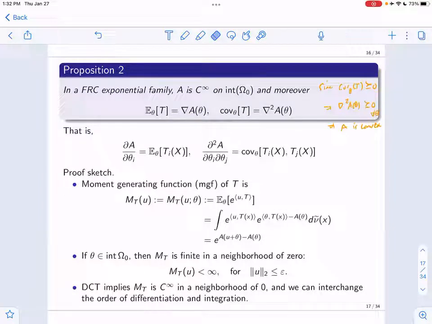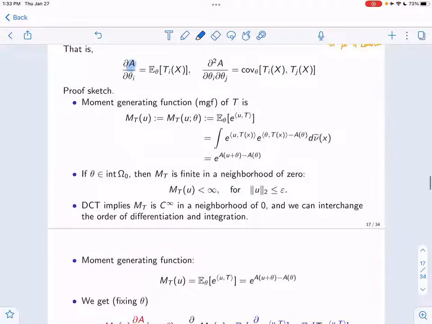So is the statement clear? If you write these things out, this is a coordinate-wise statement. So let's try to prove this. If I differentiate A with respect to theta I get the expectation of the i-th coordinate.